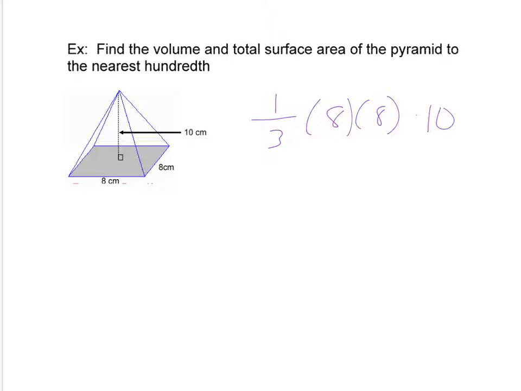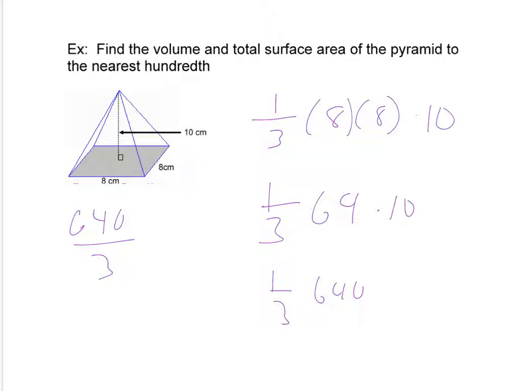So I have 1/3 times 64 times 10, which is 1/3 of 640, which is 640 thirds, which is exactly 213 and 1/3.